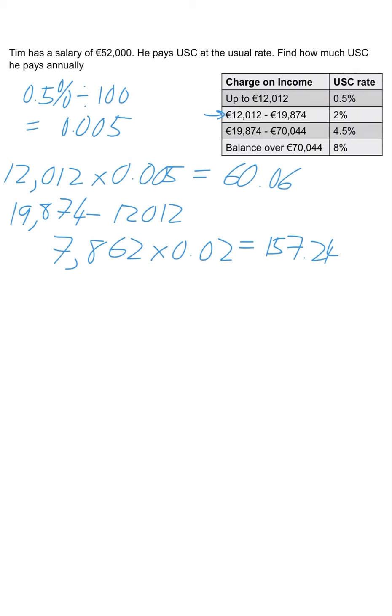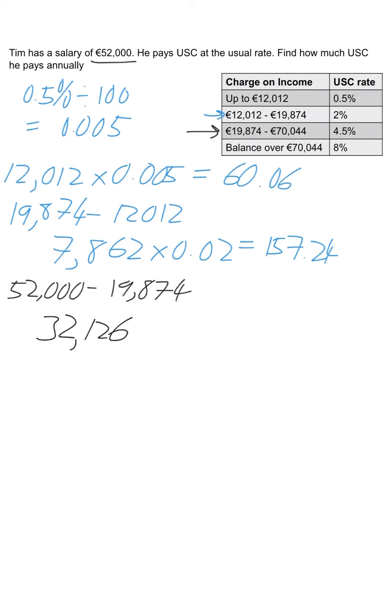Okay, next one now is this band, and his salary is 52,000. So the difference between 52,000 and 19,874 is what we need to find. So 52,000 minus 19,874, and that is equal then to €32,126.